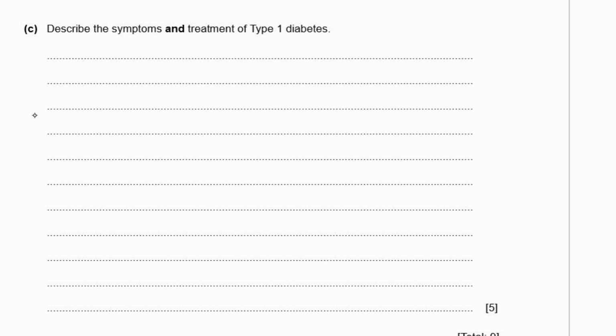C. Describe the symptoms and the treatment of type 1 diabetes. First of all, we'll go over the symptoms. There are lots and lots of symptoms. It's a 5-mark question. You don't have to put down every single one, but put down as many as you remember. Symptoms: we have fatigue or tiredness. They'll be thirsty. They'll have increased urination.